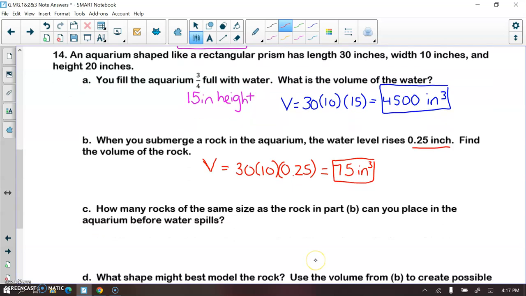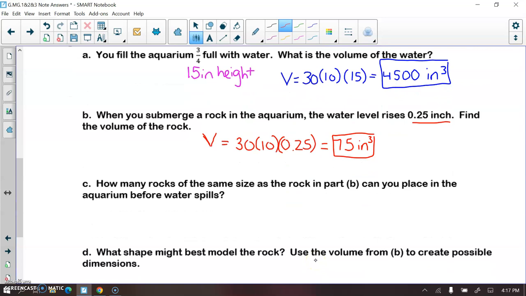How many rocks of the same size as the rock in part B can you place in the aquarium before the water spills? So if I find the volume of the whole aquarium, which would be 30 times 10 times the height of the whole aquarium, which is 20, that will give me the volume of the entire aquarium filled to the very top, which is 6,000.